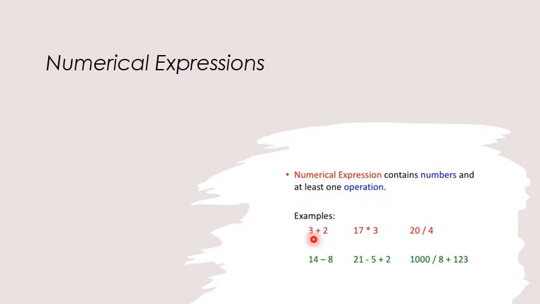So all these examples below contain numbers and at least one operation. 3 plus 2: 3 and 2 are numbers, plus the addition is the operation. 7 times 3, 20 divided by 4, 14 minus 8, 21 minus 5 plus 2, 1000 divided by 8 plus 123. All those expressions just contain numbers and at least one operation.